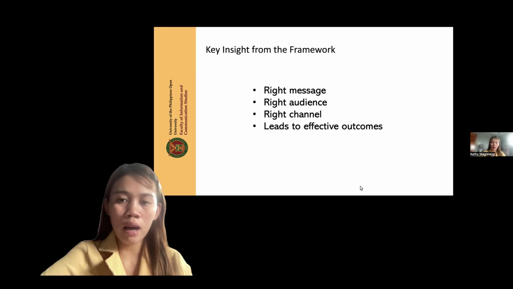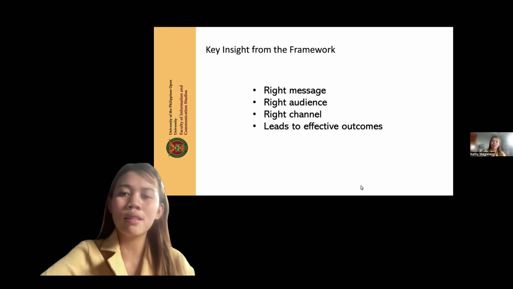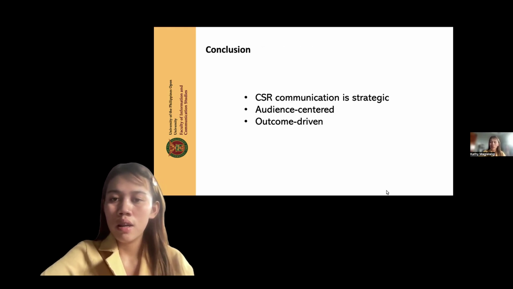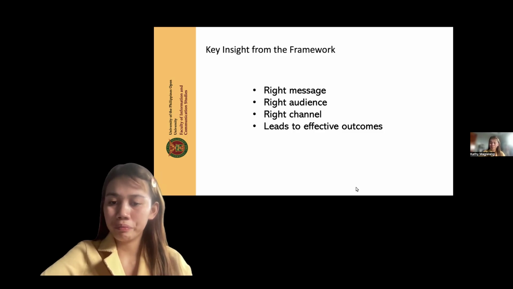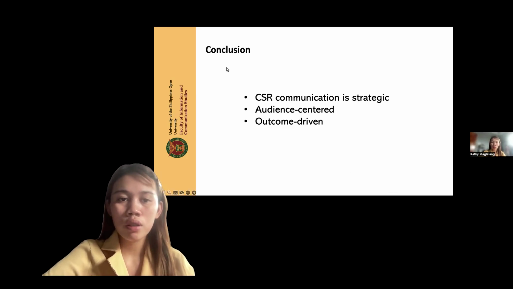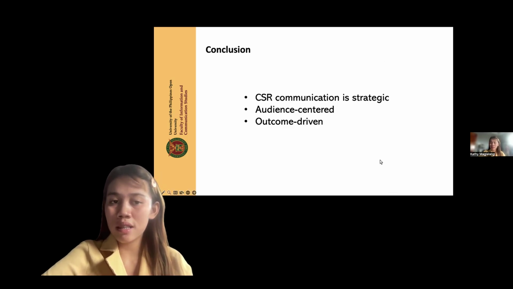This illustrates the strategic importance of CSR communication in modern organizations. And of course, CSR communication must be strategic, audience-centered, and outcome-driven.